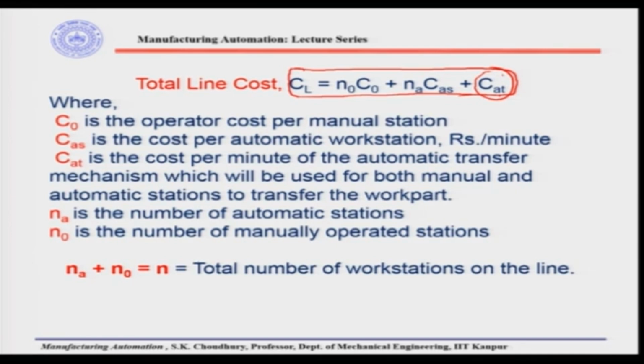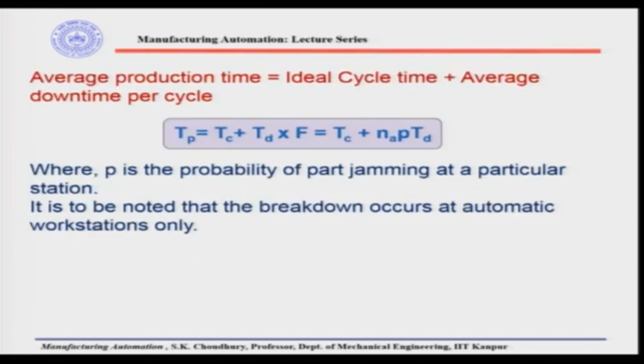This is understood. So, the average production time will be the ideal cycle time and the average downtime per cycle, which we said as F into Td, that we are writing as Na into p into Td.